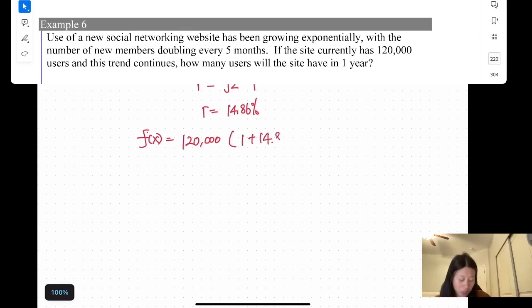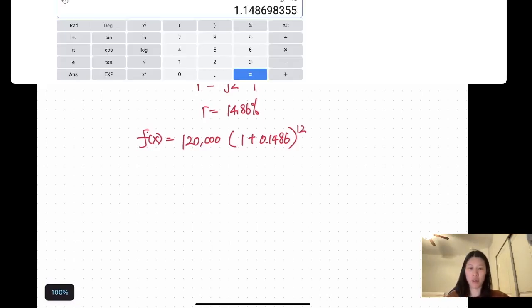Times 1 plus the rate, let me use 1.1486, to the power of 12 months. And now you should be able to do that with a Google calculator.